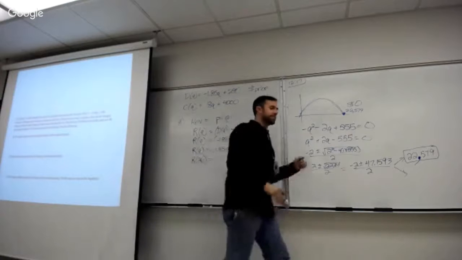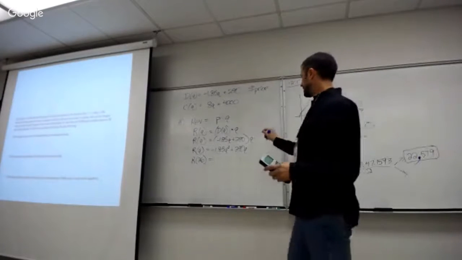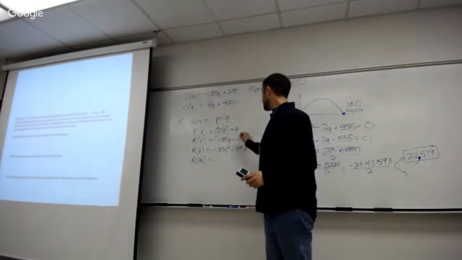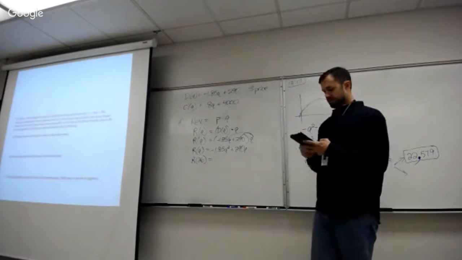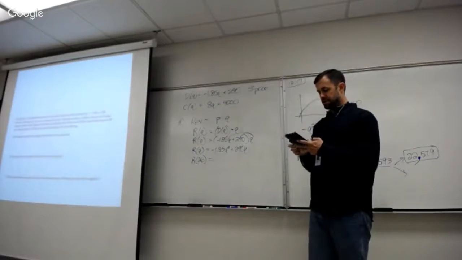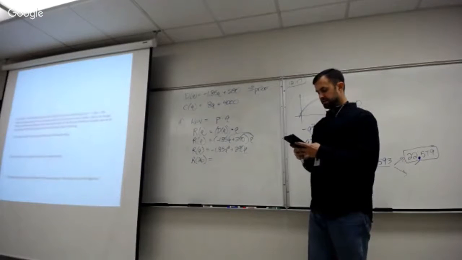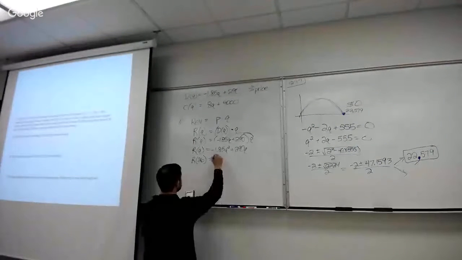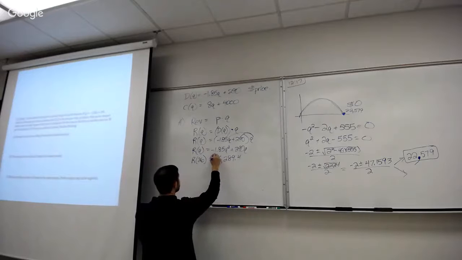I distributed by Q. So now what do we do? Plug in 26. Negative 1.85 times 26 squared plus 290 times 26. Did anyone else get 6,289? Great. And 40 cents.